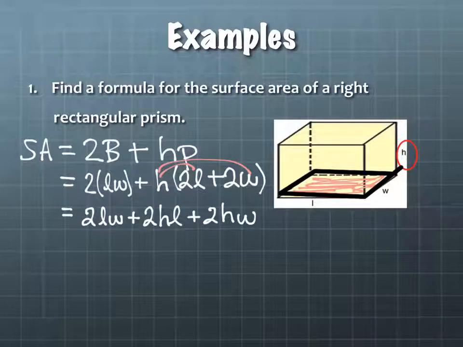And if you think about this particular shape, it makes sense. The bottom is length times width, and the top is length times width. What about this right-hand side over here? What is its area? Height times width. And it mirrors over here to its area on the left-hand side, which is also height times width.